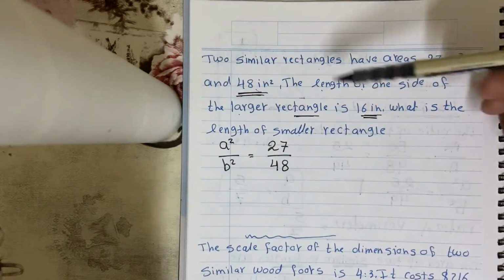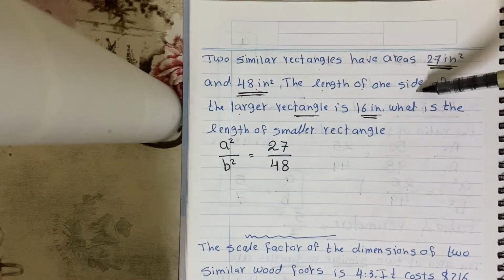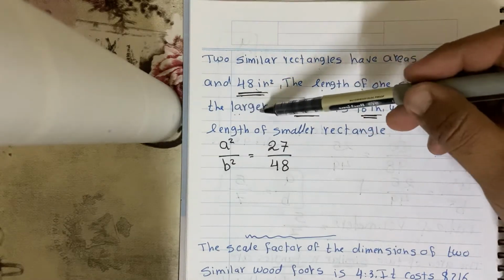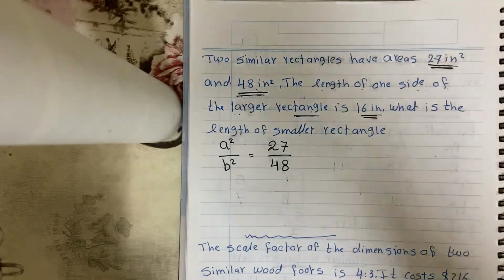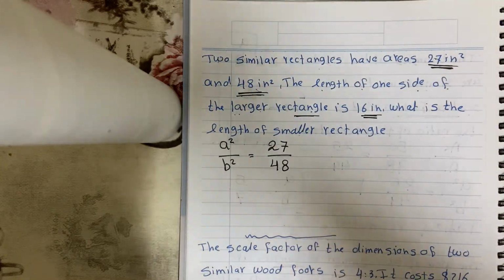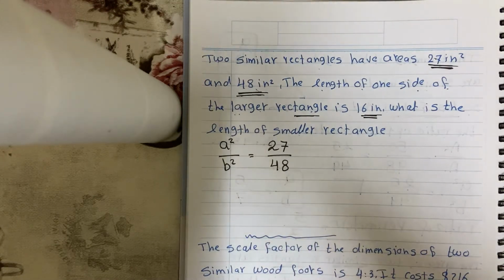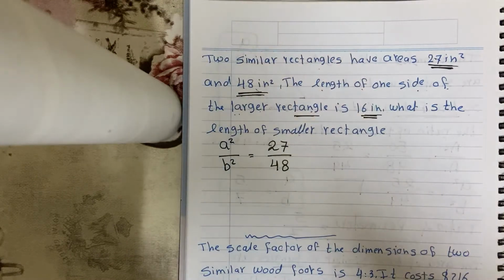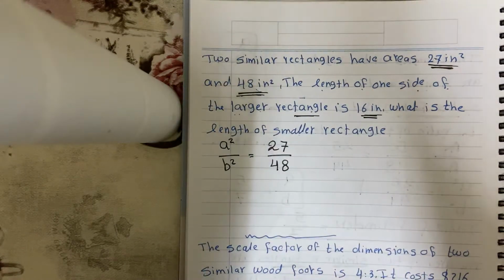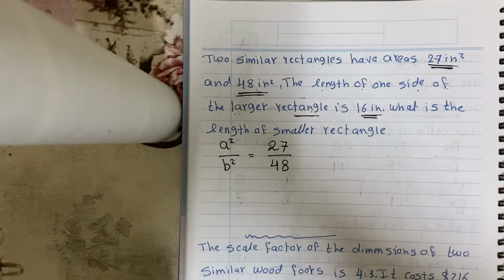The other question is the length of one side of the larger rectangle is 16. What is the length of the smaller rectangle? We have a side length and we need to find the length of the other. How can we find it?